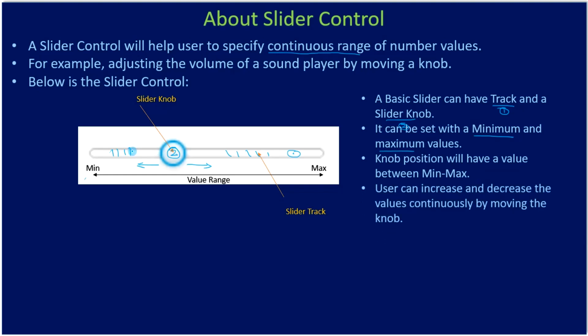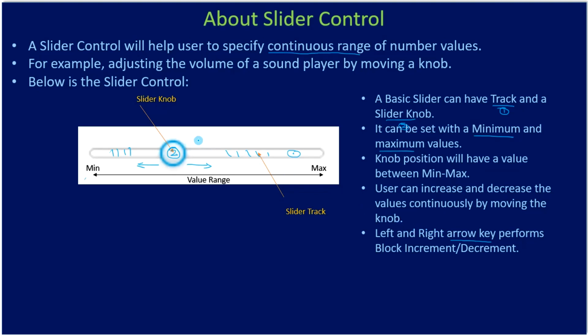User can increase and decrease the values continuously by moving the knob. Left and right arrow key performs block increment or decrement. Here left and right arrow key means on the keyboard, so you can use the keyboard left and right arrow key to make a jump.